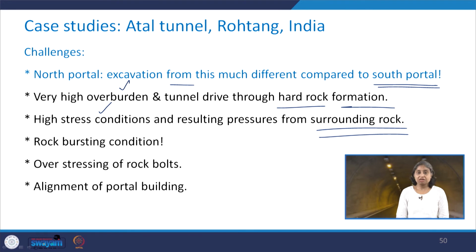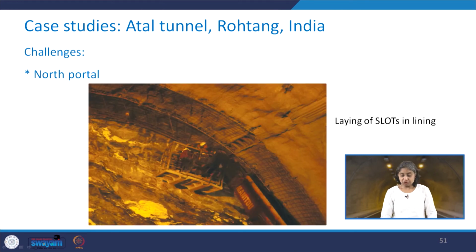So this was causing the overstressing of the rock bolts, and therefore, the problem was there with respect to the alignment of the portal building. So, you see that this is a typical picture with respect to the north portal. So, this is related to the laying of the slots in the lining.